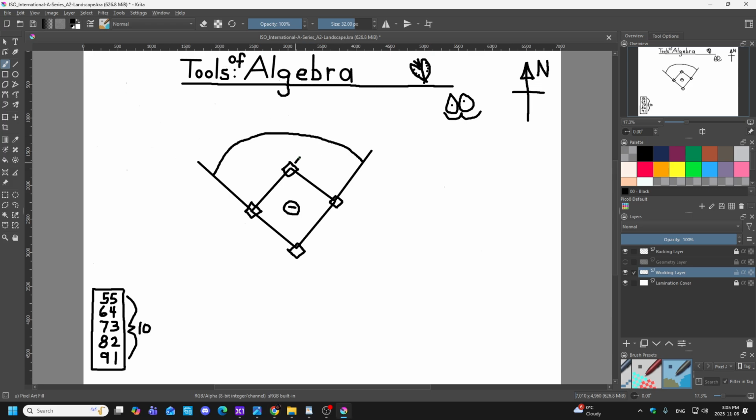So, we have here a distance from here to here. And that distance, this is going to be first base, okay? Second and third. All right?